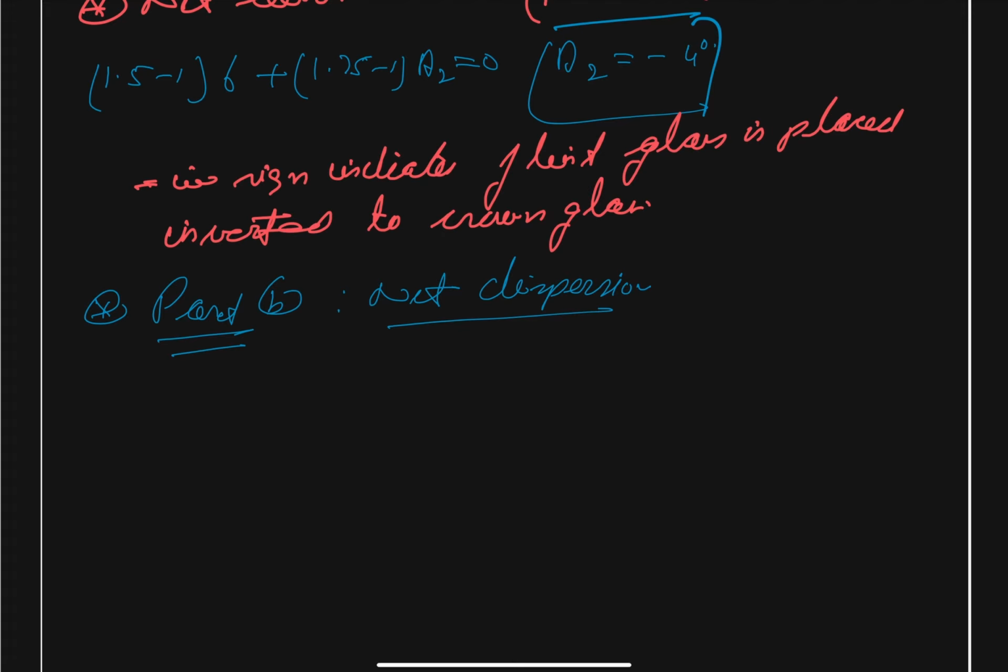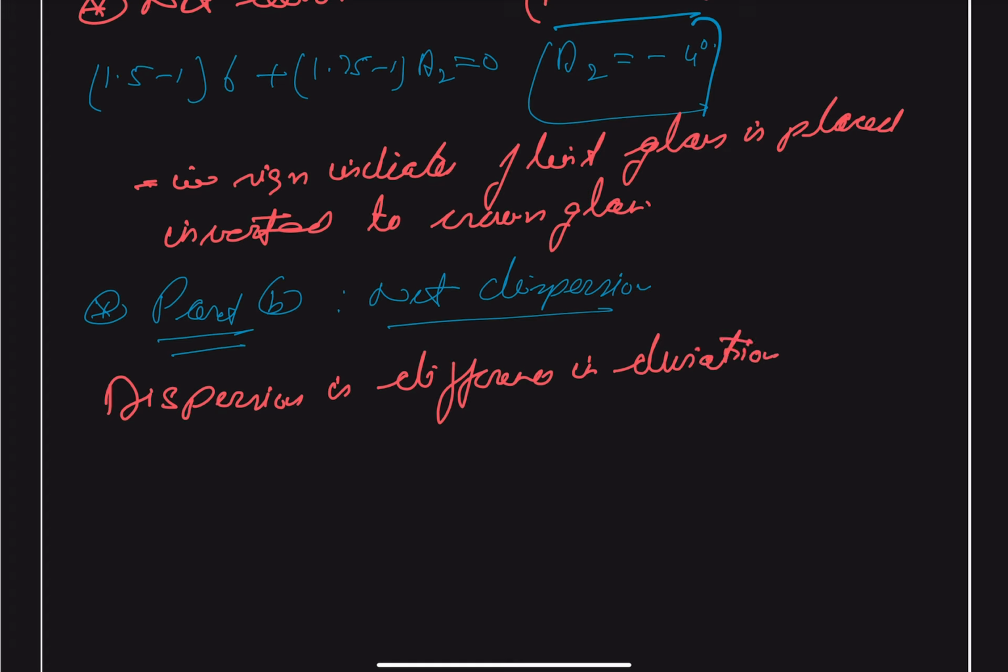Dispersion is actually the difference in deviation between the blue and the red light.